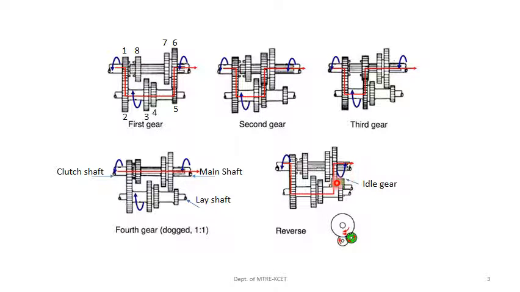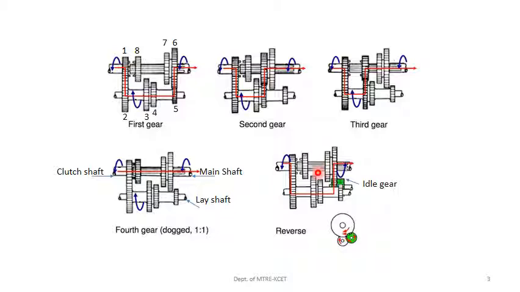If we add one additional gear between the main shaft and the lay shaft, we can achieve reverse motion. In reverse gear, the speed is low compared to the top gear. Now we see how the reverse gear is working.